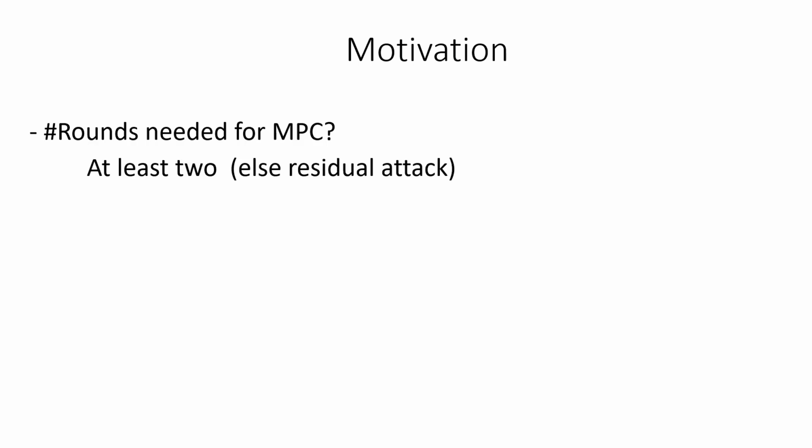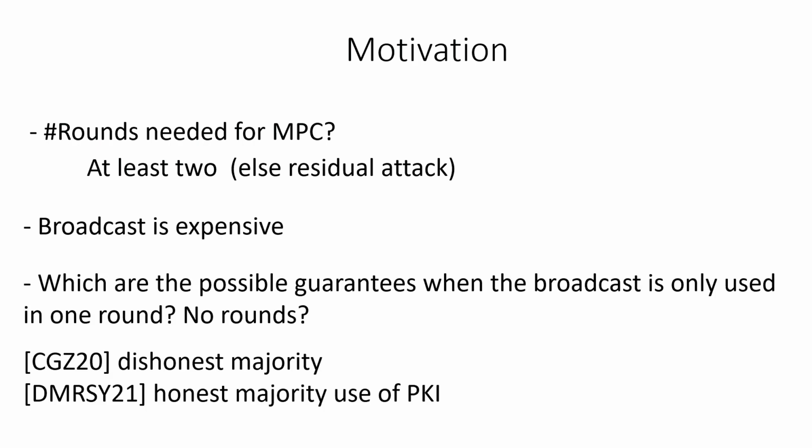We focus on two-round MPC, which is the optimal round complexity, and we ask what the optimal broadcast complexity is, namely which of the guarantees we saw are possible when we start limiting the number of broadcast rounds, namely if broadcast is available only in the first round, or only in the second round, or in none of the rounds. There was previous work in this setting: the work of Cohen et al. was the first to give a complete characterization in the two-round MPC setting where we consider a dishonest majority.